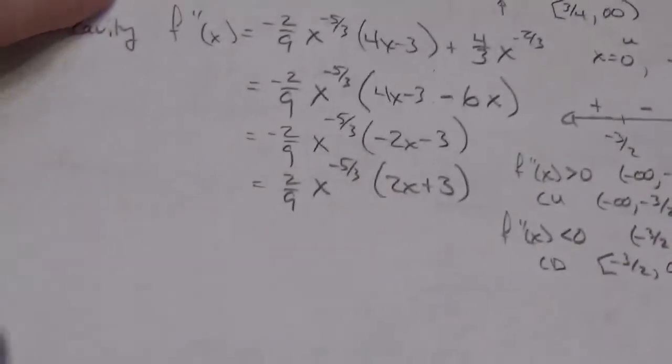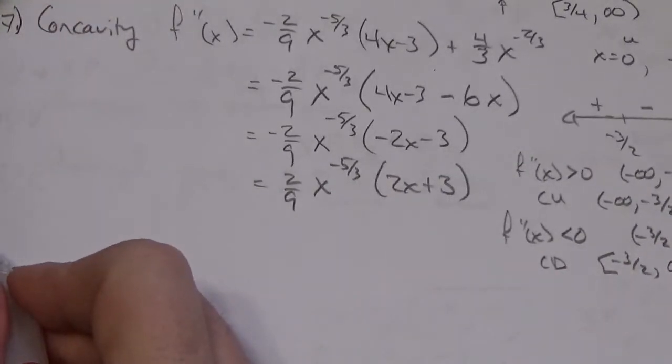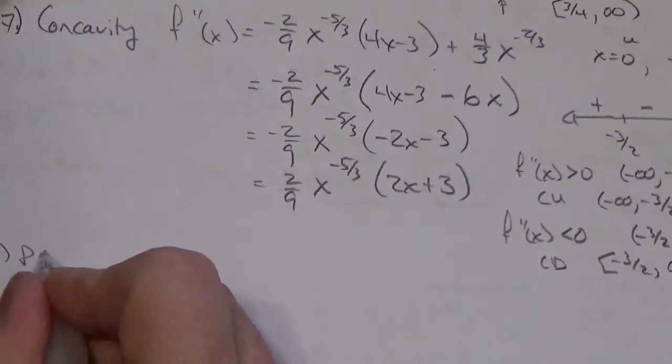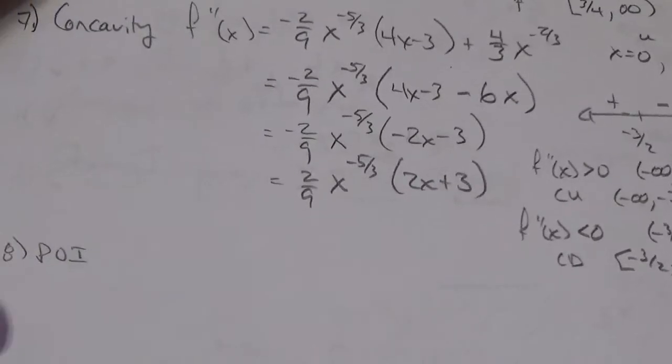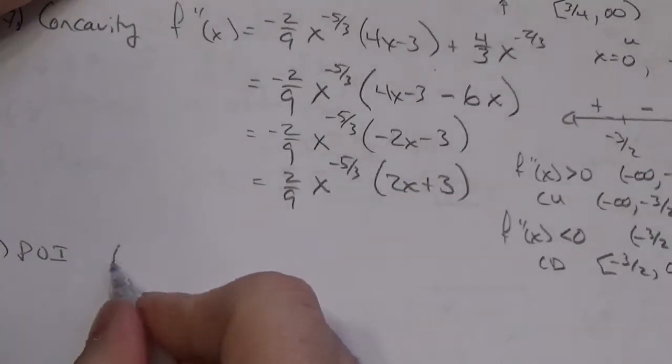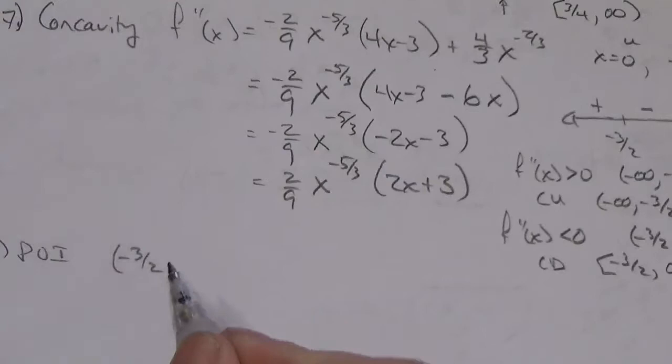Notice that the concavity is always changing here, so what we've got is this point of inflection. Points of inflection at negative 3/2. Then I'm going to plug this in again into my calculator here, just to make this a little bit quicker to solve for.